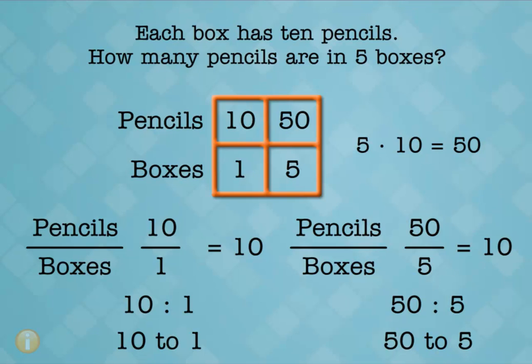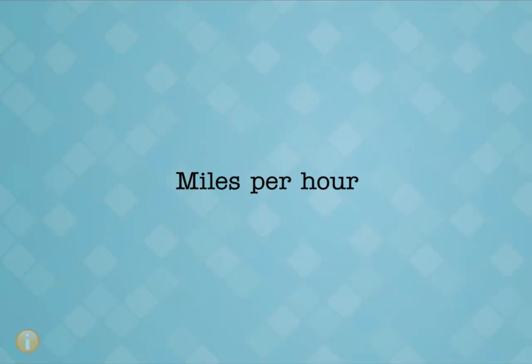Quite often we use a different way to describe a ratio. In this case, it would be pencils per box. You're probably already familiar with many ratios that are described this way, but you may not have known that they're ratios. For example, a car travels at a certain speed that we describe as miles per hour. It's the ratio of miles driven to hours driven.